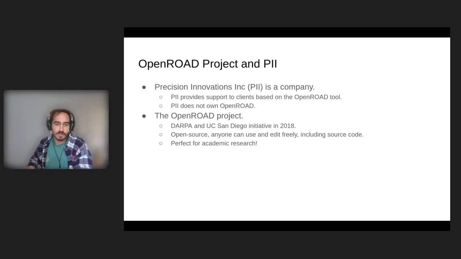So the OpenROAD project is open source. Anyone is free to use it and edit it freely as they wish to, including the source code. So I'd like to state here this is a perfect situation for students and academic research overall. So if you want to make some research on EDA, you can use the tool.